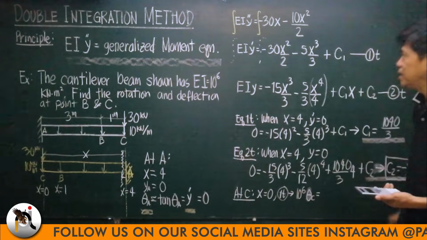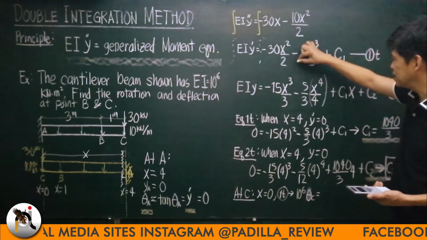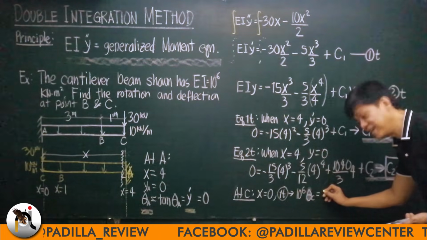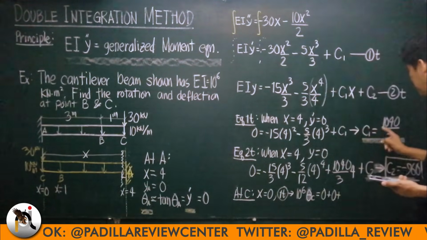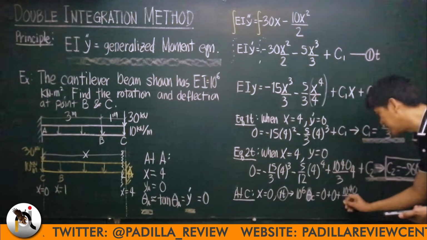At C, x is 0, so this is 0, this is 0. That would be C1, right? So 0 plus C1, which is 1040 over 3.